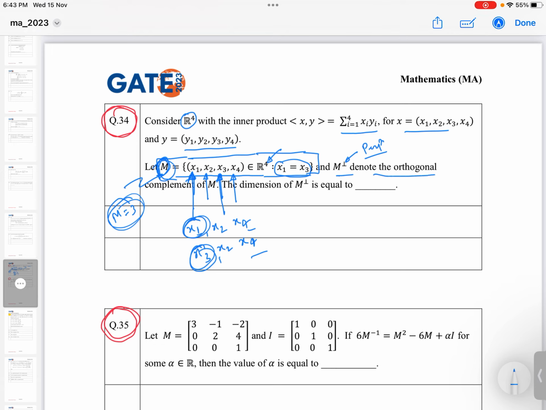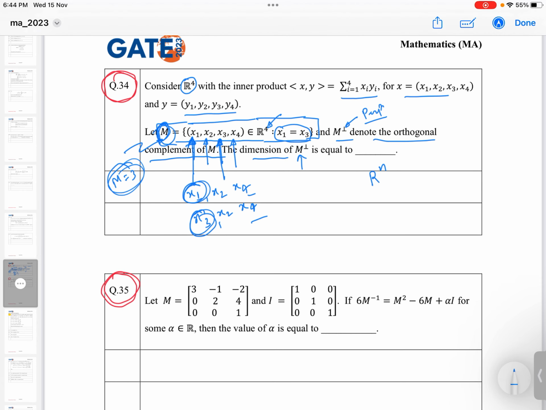M perp denotes the orthogonal complement of M. The dimension of M perp is equal to... Now here you need to know one concept: suppose you are in an n dimensional space, and it is given that one subspace takes r components, or r vectors, to define it, then its orthogonal complement will take n minus r.